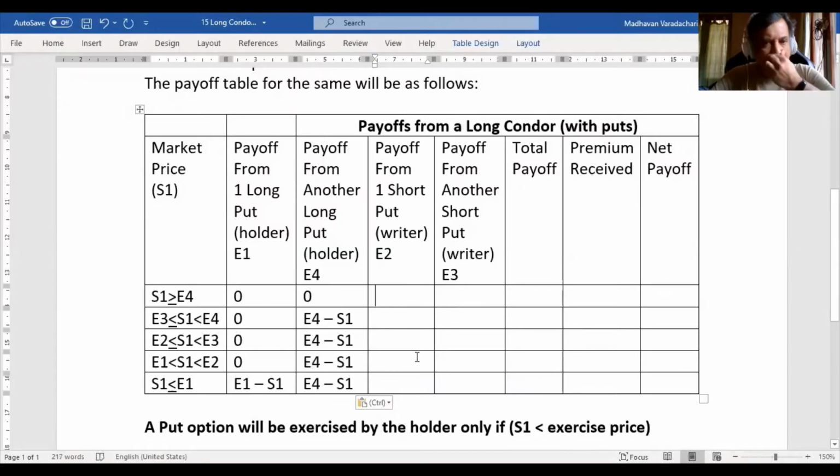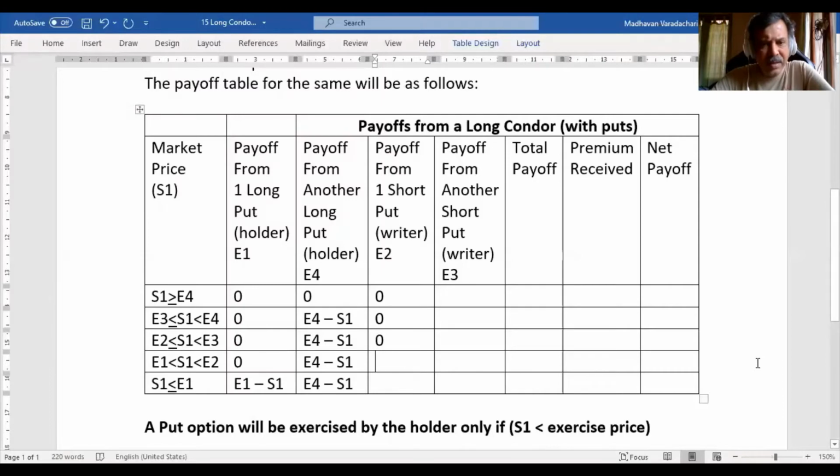In this case, I am not the holder. To whom I sold, he is the holder, what he will decide. S1 larger than E4, he won't exercise. S1 larger than E2, he won't exercise. S1 is larger than E2, he won't exercise here also. S1 is lesser than E2, he will exercise. His profit will be E2 minus S1.